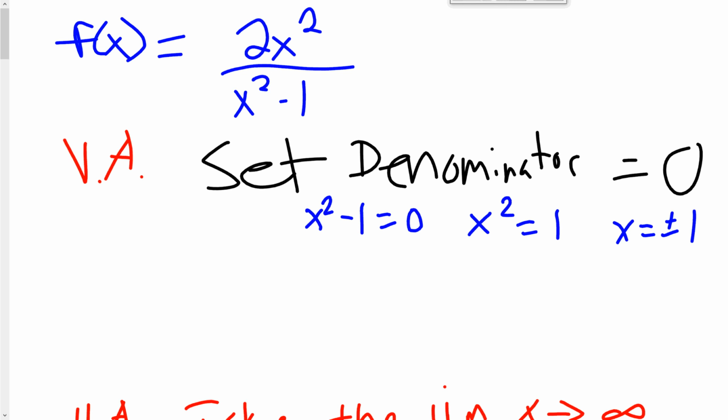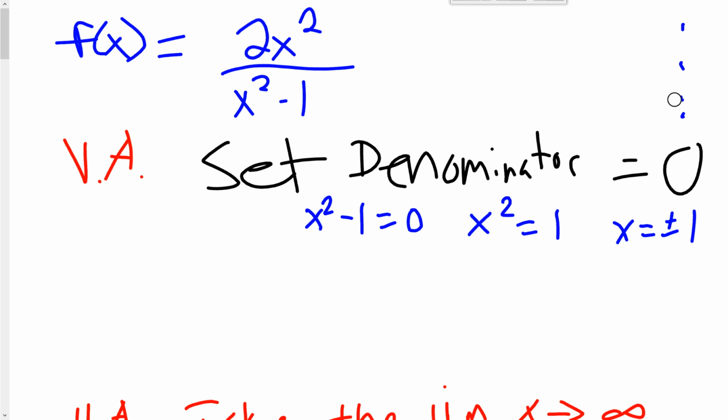So if I plug in positive 1 in my numerator, I don't get 0, and I plug in negative 1, I don't get 0. So anytime you plug one of those into the numerator and you get 0, that means you have a hole, whereas with these two, I have vertical asymptotes at x equals positive 1 and negative 1.